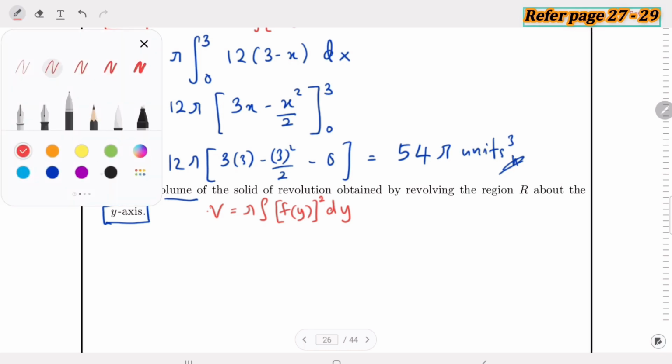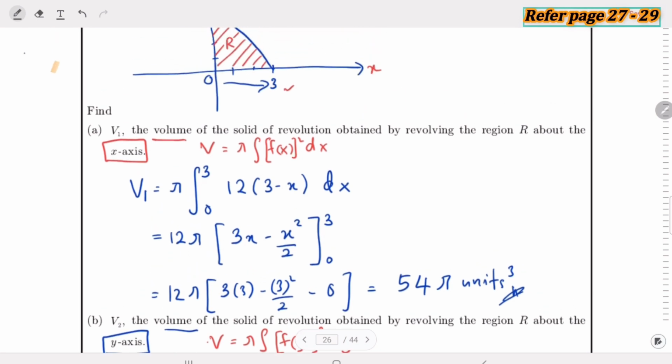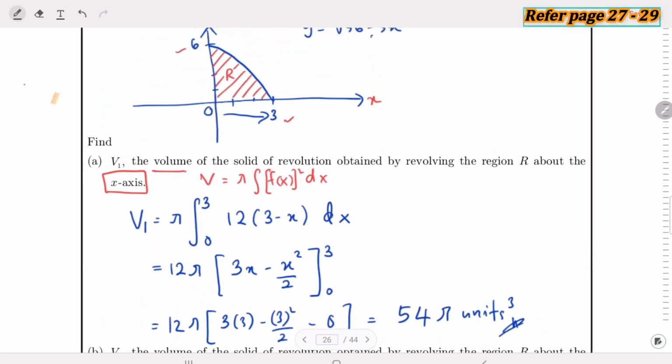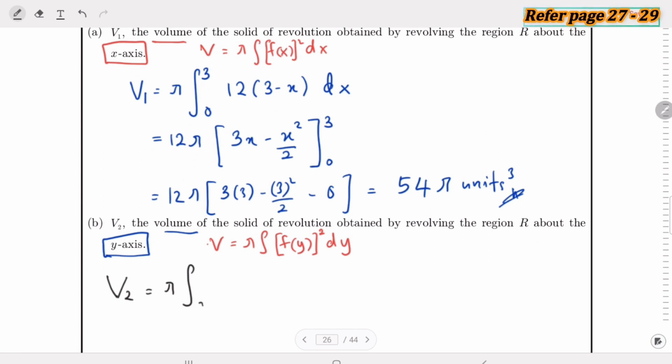And then the function also must be in terms of y. So now V2 equals pi, and for the lower and upper limits, we look back to the graph, from 0 to 6. This one is rotated about the y-axis, so we are taking the limits on the y-axis, from 0 to 6. So how about the function?